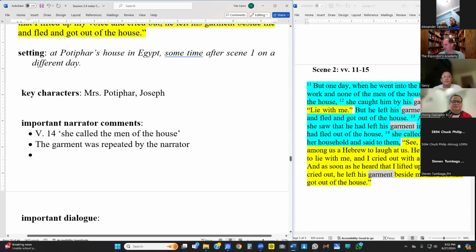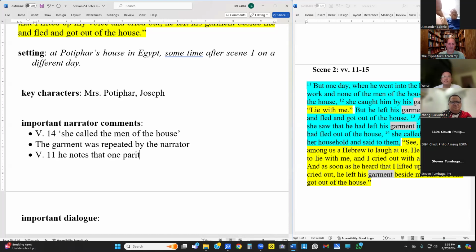Anything else from the narrator? Maybe verse 11. He notes that one particular day, the men were not in the house. So he had no witnesses. So now he was vulnerable at this point.